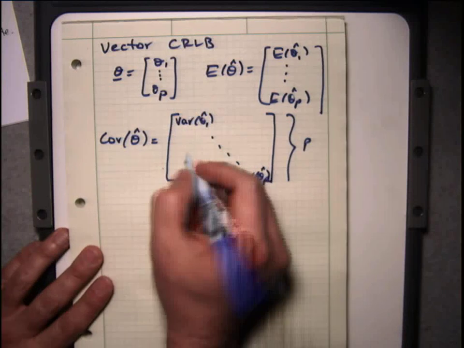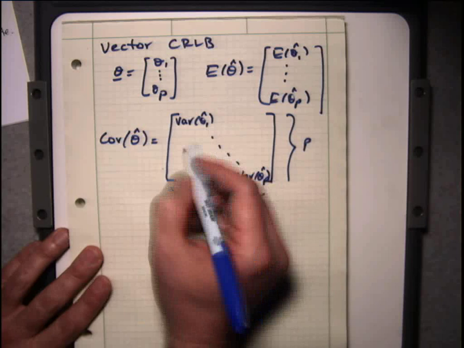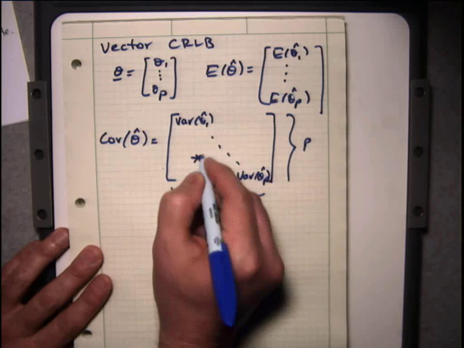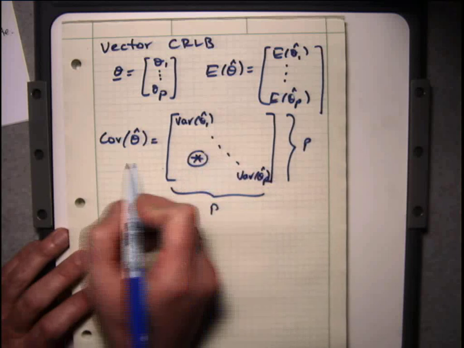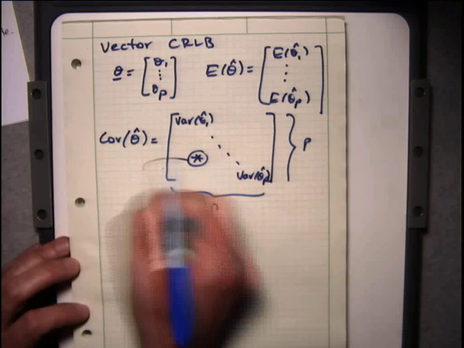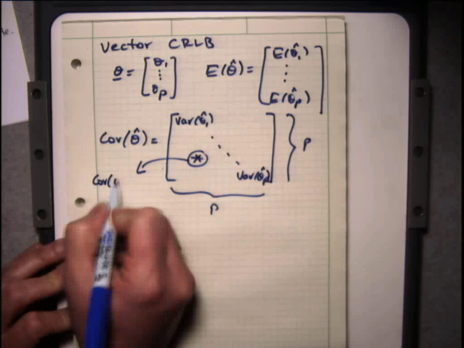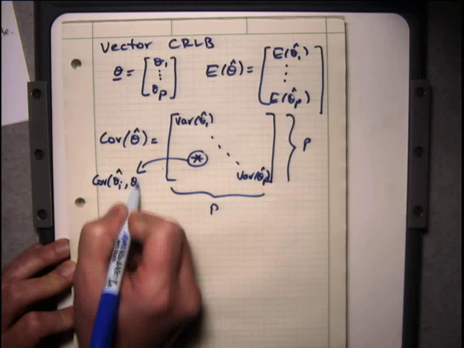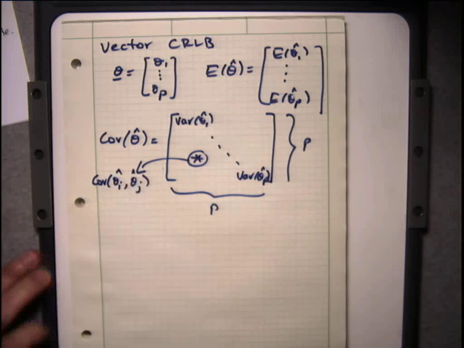And along the off-diagonal terms, I'm just going to show you what one of them would be. Let's say in this position, the ith row and the jth column, this guy would be the covariance of theta i hat, theta j hat. Just by way of setting it up.